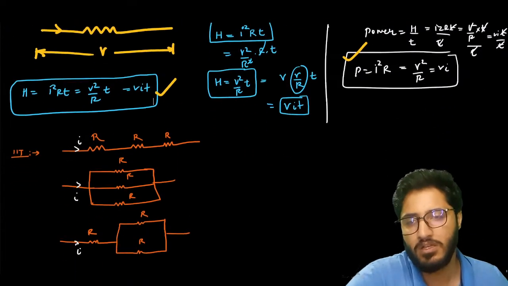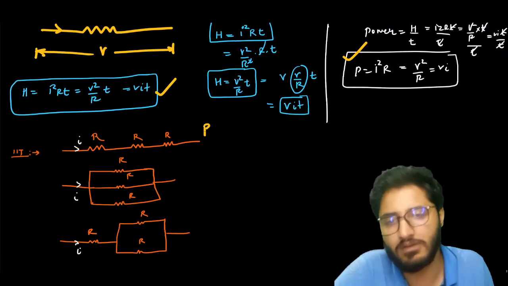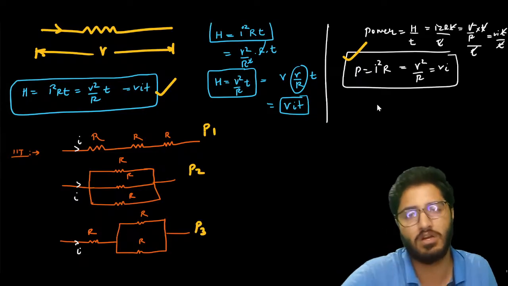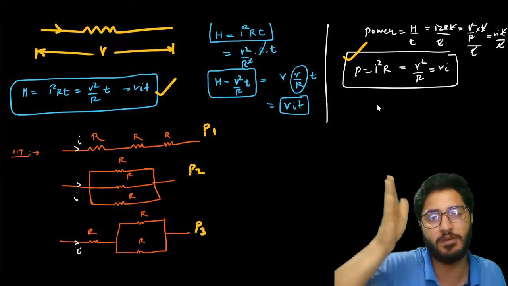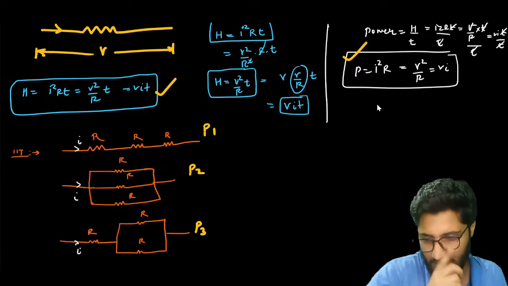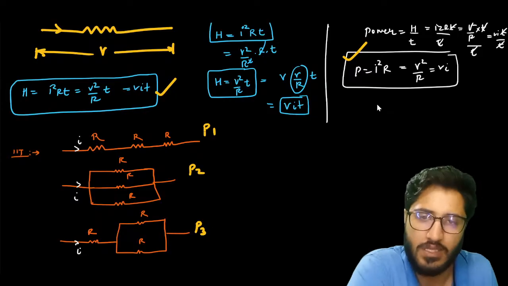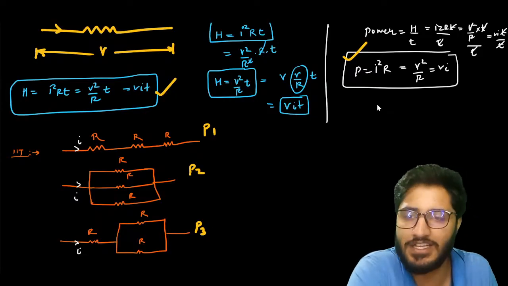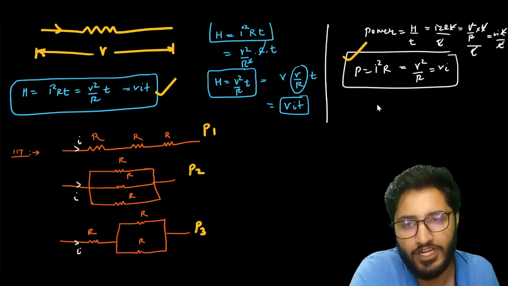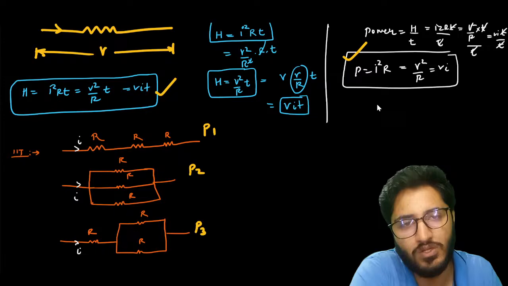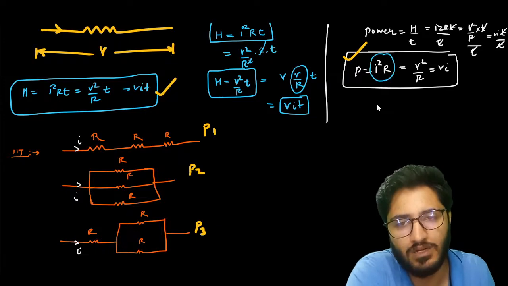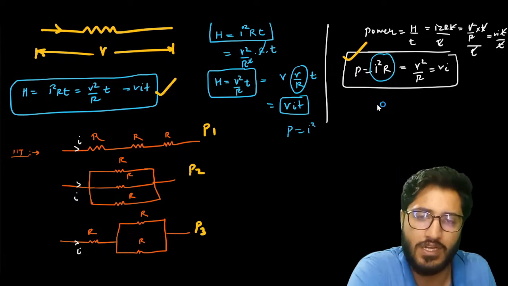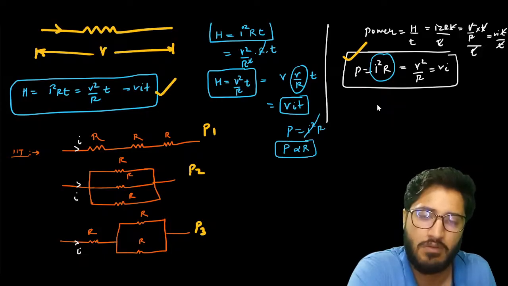Now if the power in the first case is P1, in the second P2, and in the third P3, we need to find the relation between P1, P2, P3. If current is the same, we need the relation of resistance, so I can use P is equal to I square into R. I is the same, so P is proportional to R. More R, more power.